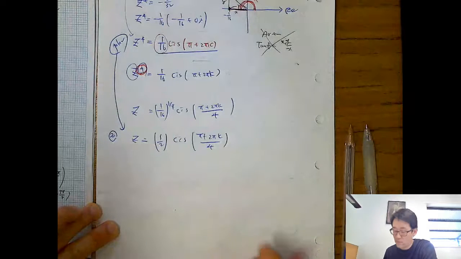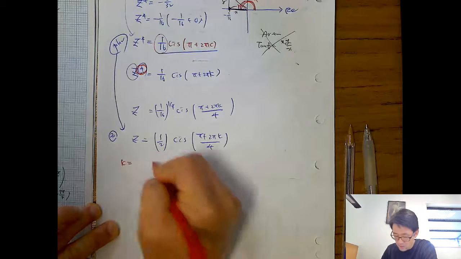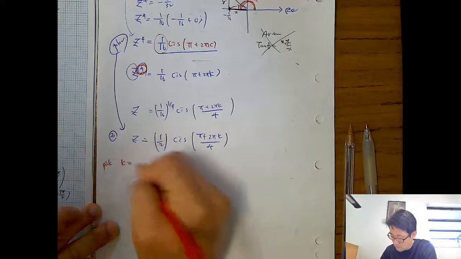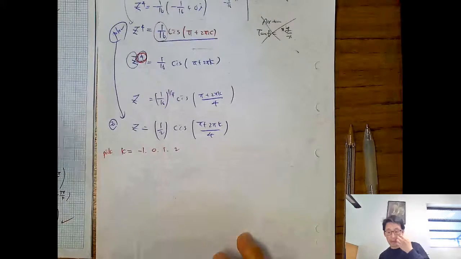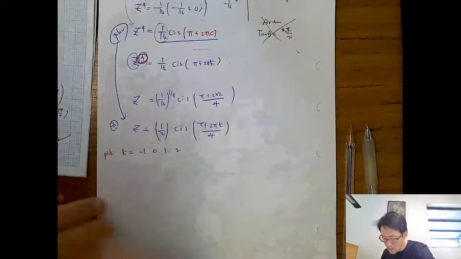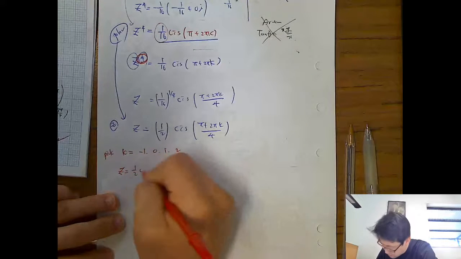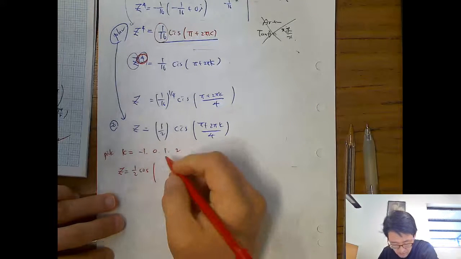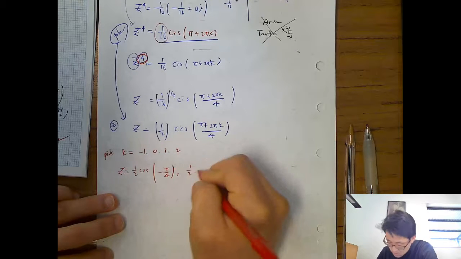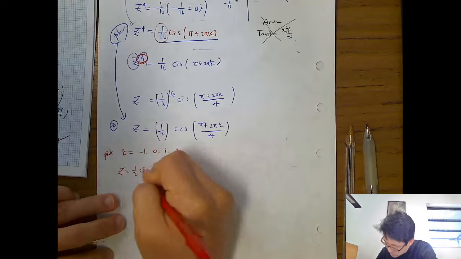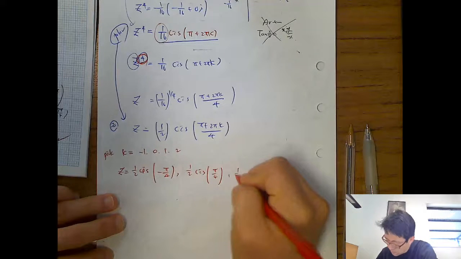Yeah. And this is power 4, which means how many solution roots we could get? 4. k equals, just go and pick minus 1, 0, 1, 2. Okay. And then you plug in, so z equals half cis minus pi over 4, and so on.